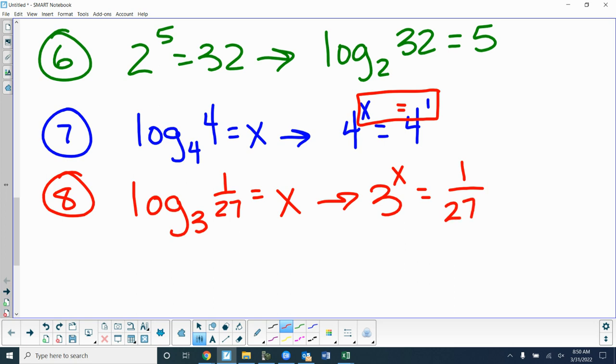So we want to try to write this 27 with a base of 3. Well, that's easy to do. It's 3 to the what power? Third. Right? But what do we do when the 3 to the third's in the denominator, Mason? Yeah, I want to move it to the numerator. What happens to that exponent?